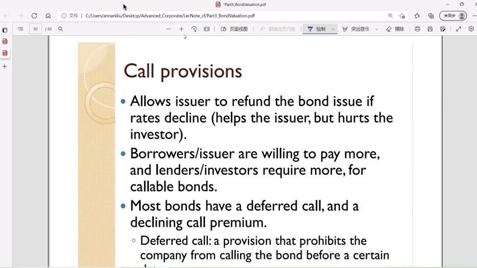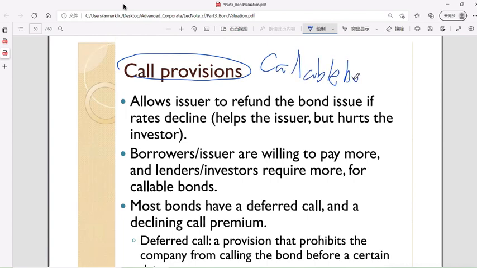So what do we mean by a call provision, or more generally, a callable bond? If we allow the issuer to refund a bond issue if the rates decline, that's the meaning of a call provision. It will help the issuer, but it hurts the investor.